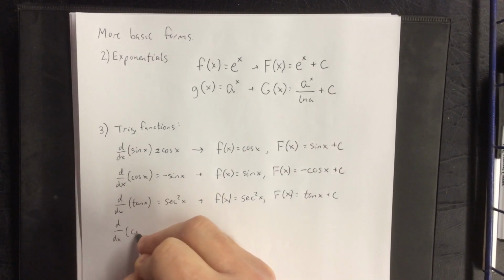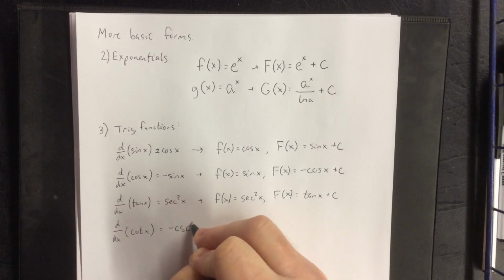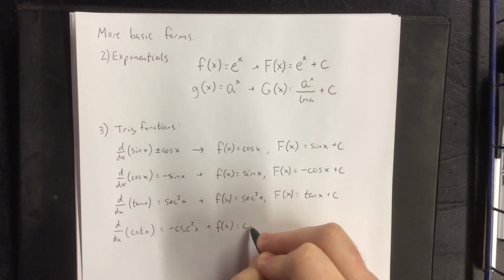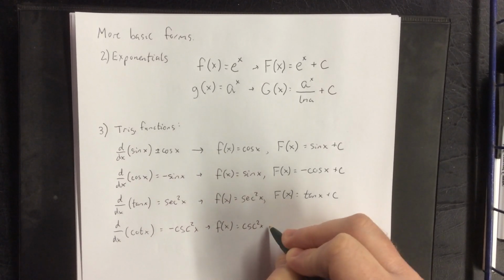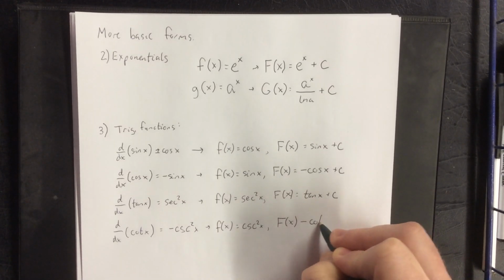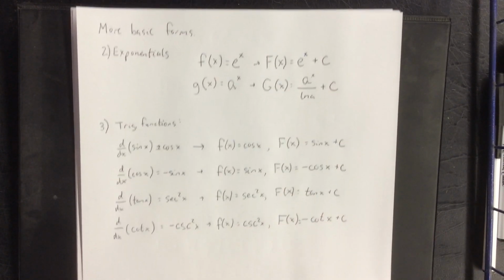For the cotangent of x, the derivative would be the negative cosecant squared of x. So in the event that you have the cosecant squared of x, the antiderivative is going to be the negative cotangent of x plus a constant.